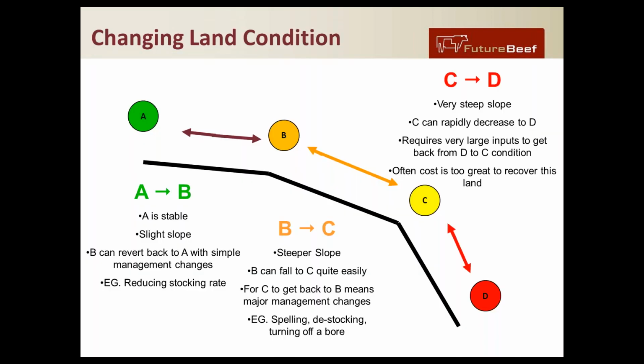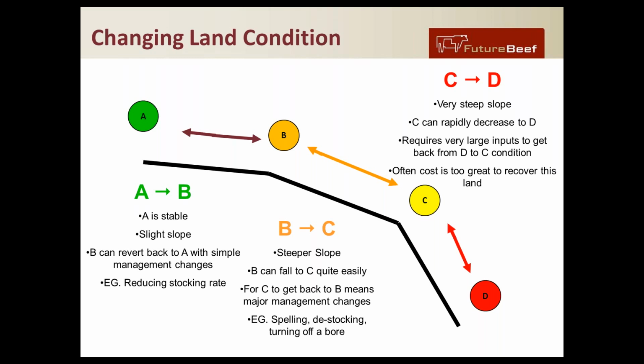Now, I just wanted to speak to you here. This is a model that we use to explain land condition and how it can get to such a state quickly or not. From A to B condition, which is like we just spoke about, a decrease in perennial species, is quite a gentle slope, which means that it is quite easy to rejuvenate that country, and such a strategy might be a wet season spell.